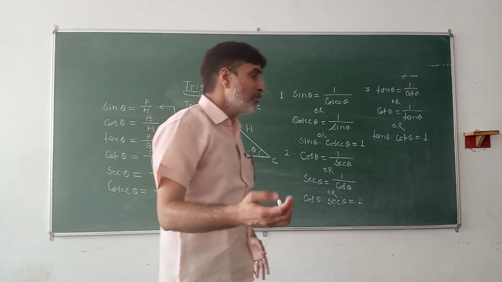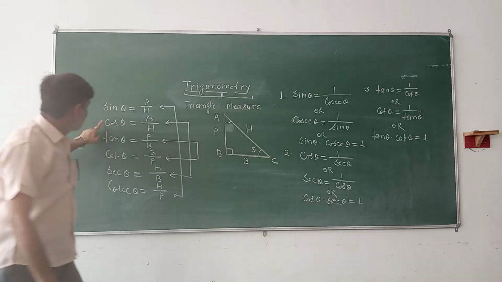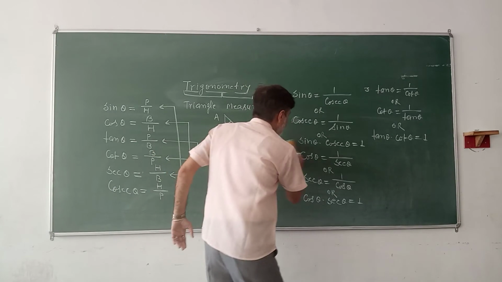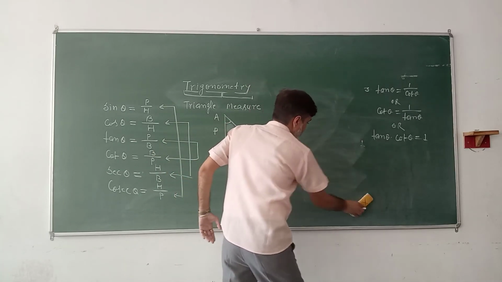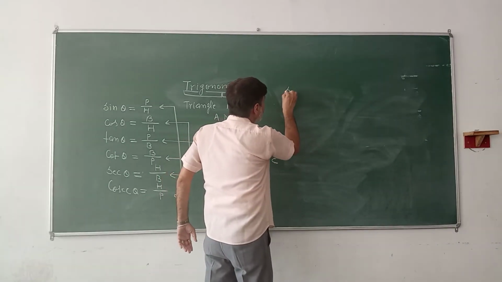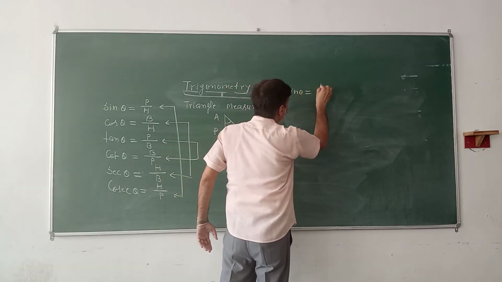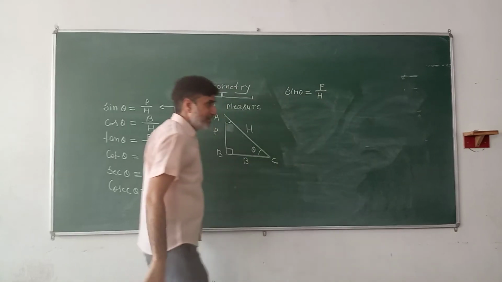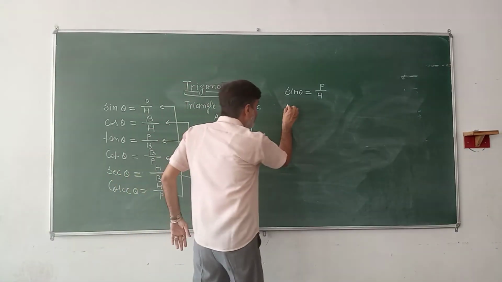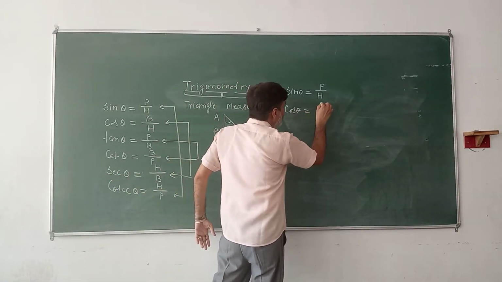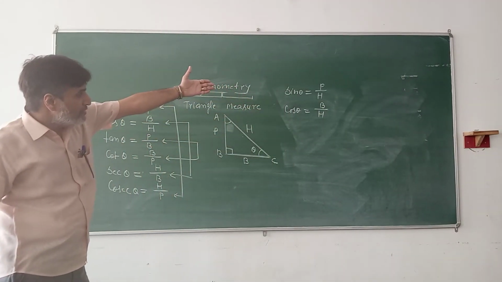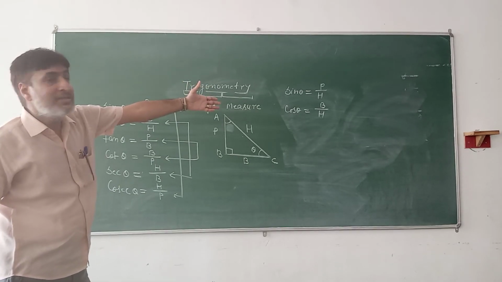Now we come to a relation between sine, cos, tan and cot. Here, students, we have sine theta equals P by H, the ratio of the length of perpendicular to the length of hypotenuse, and cos theta equals B by H. If we divide the value of sine theta by the value of cos theta, what do we have?